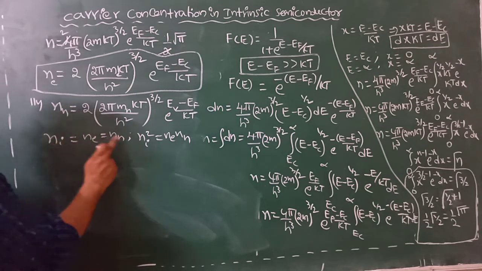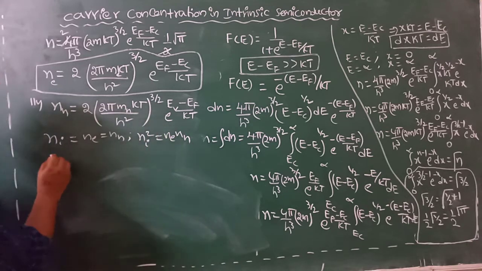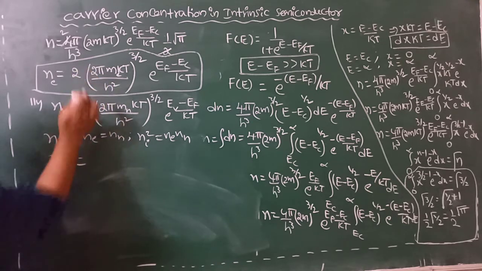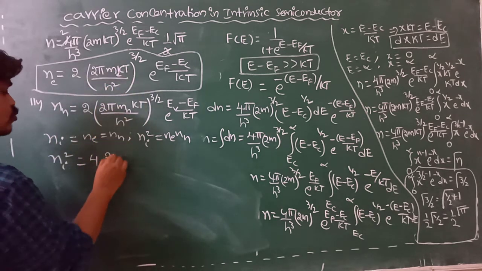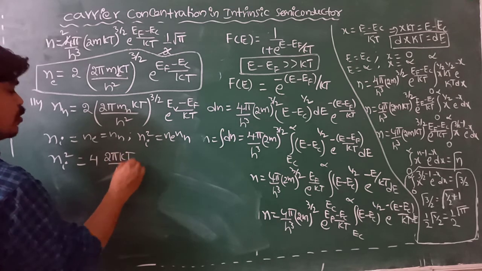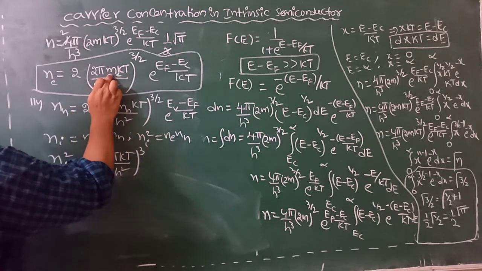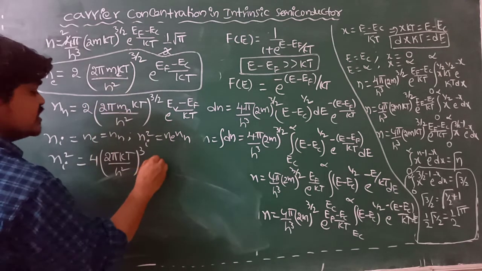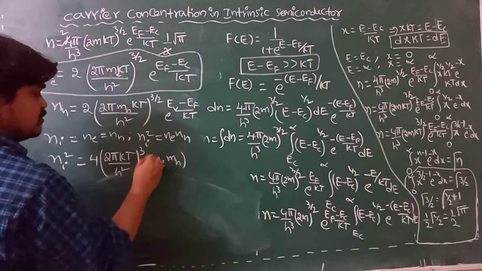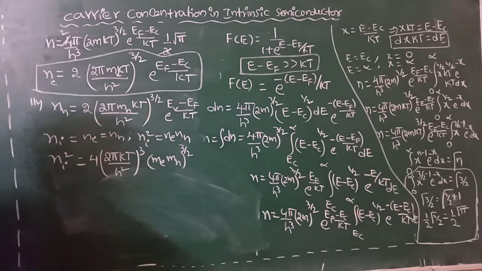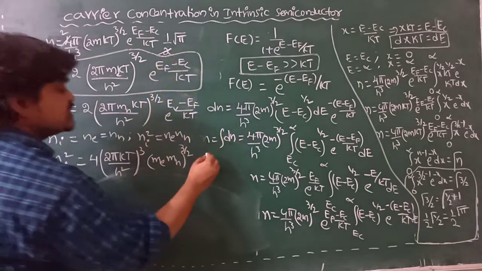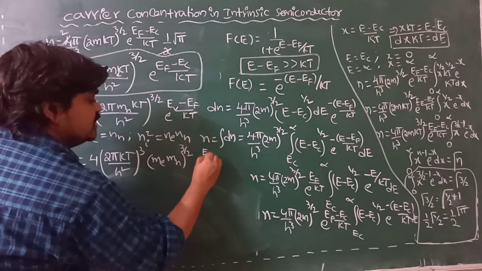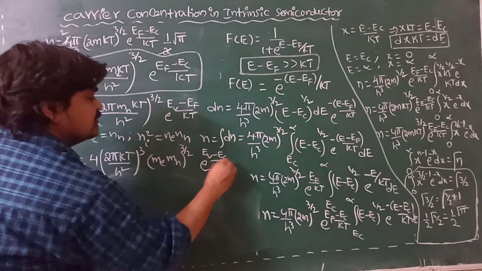We multiply these two: 2 into 2 is 4, (2 pi kT by h square) whole power 3/2, with the electron mass and hole mass being different, so (Me Mh) power 3/2, and e power minus EF plus EF is cancelled, leaving e^((EV - EC)/kT).